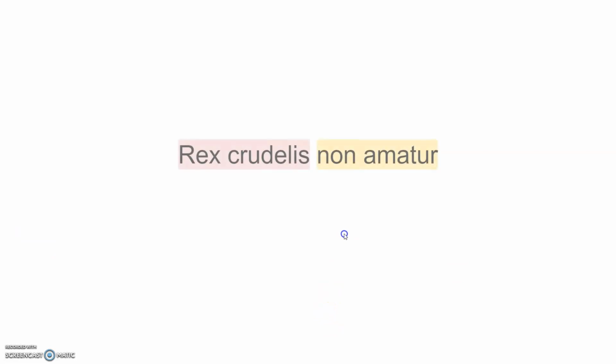Let's look at a little bit more complex of a sentence. Ille non amatur a filia deae. That guy is not loved by the daughter of the goddess. We have our subject, ille, that guy. Non amatur is not loved. Very similar to Rex crudelis non amatur, the cruel king is not loved.